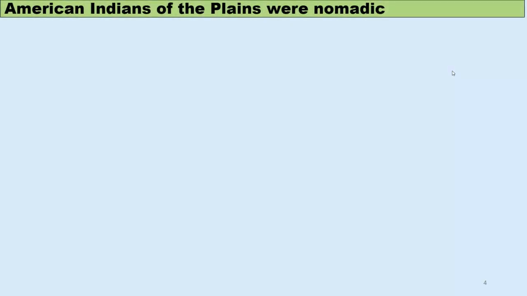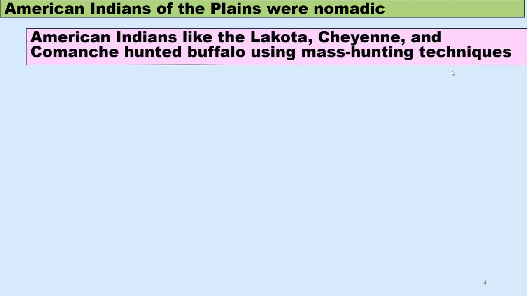Then the Indians of the Great Plains, and these are, if you watch a Western, the American Indians that are depicted in that. So you have the Lakota, which are sometimes referred to as Sioux, and then the Cheyenne and the Comanche. And before the Spanish and before the introduction of the horse into the Americas, we had mass hunting techniques.